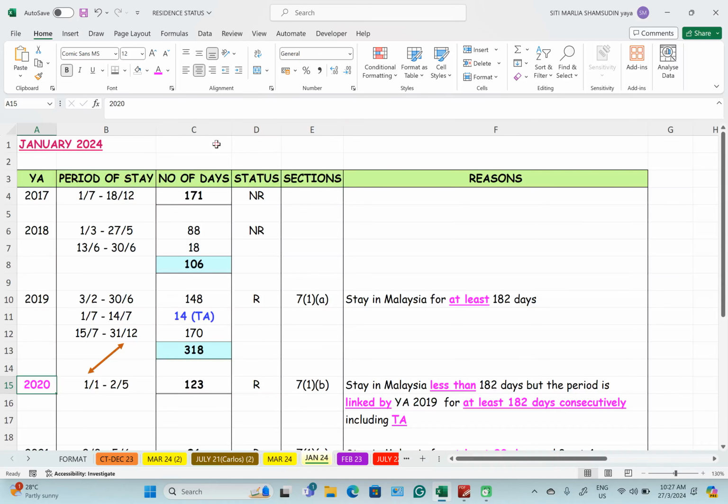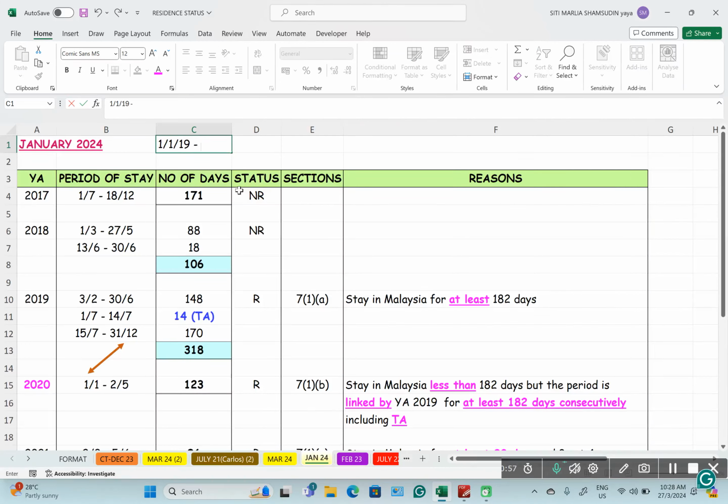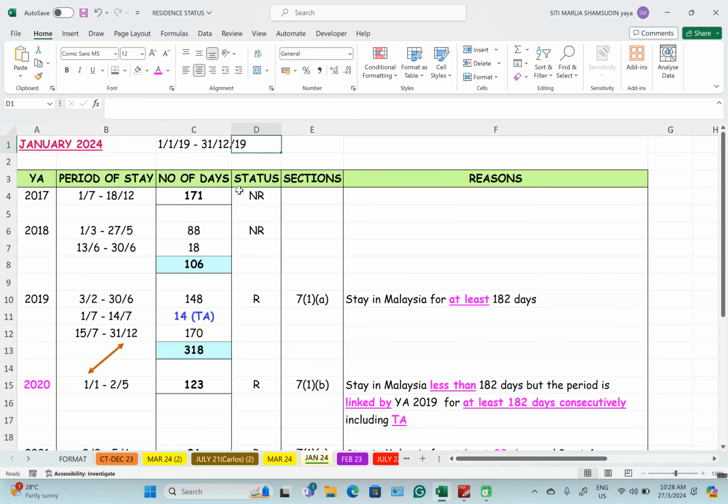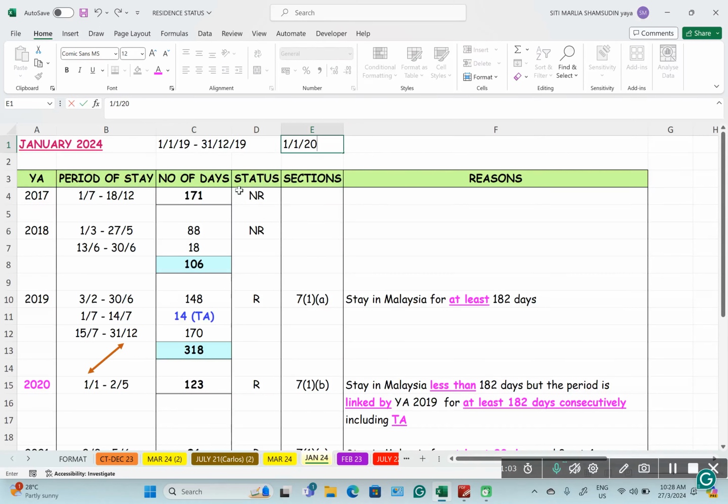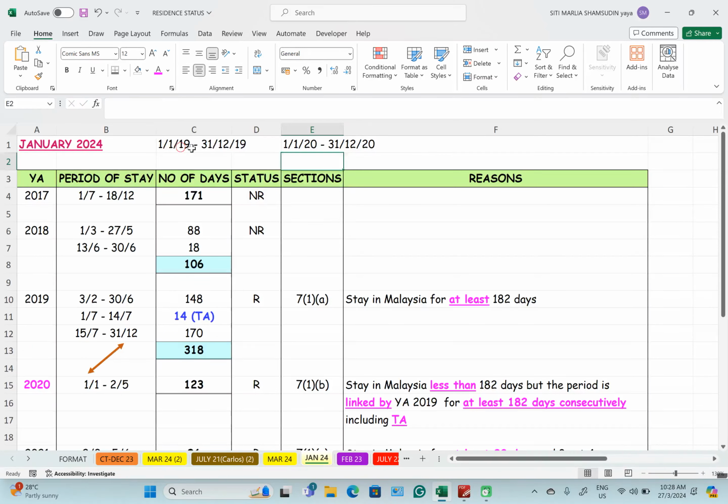Let me prepare the calendar for 2019 and the calendar for 2020, so you can see clearly. 2019, 1st January 19 until 31st December 2019. 2020, 1st January 20 until 31st December 20. Alright, so guys, this is the calendar of 2019 and 2020. So this is us.